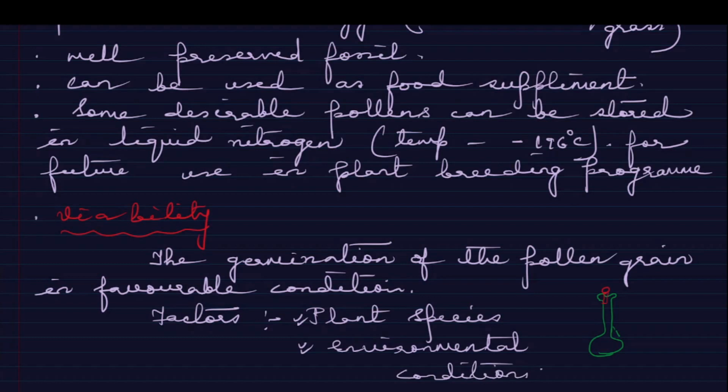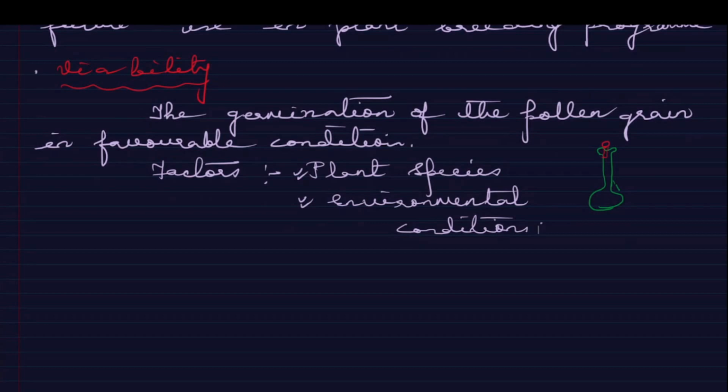You will get in your NCERT book that there are some examples. In some plants, it remains for months, and in some it remains only for a few minutes. Like wheat, viability remains only for 30 minutes. Let me write here, for short questions it is important.